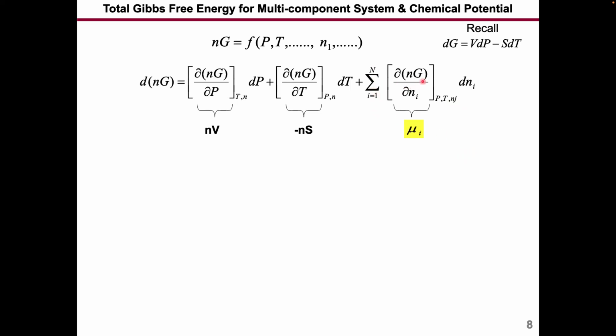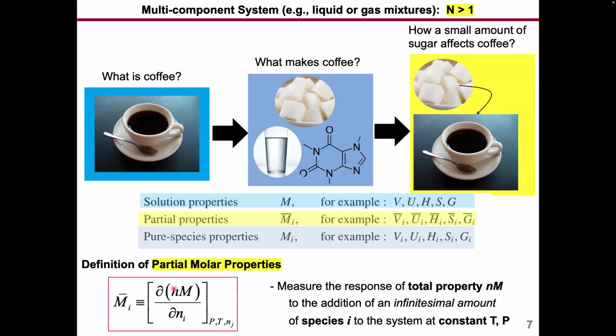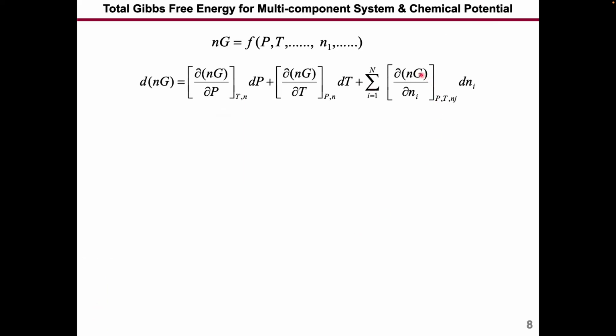If you recall, dG is equal to V dP minus S dT. So this whole thing is your NV, and this whole thing is your minus NS. And then in this expression, we are taking a partial derivative with respect to Ni holding Nj, T and P constant. If you go back to the previous slide, that's the definition of the partial molar property, and in this particular case it is the partial molar Gibbs free energy.